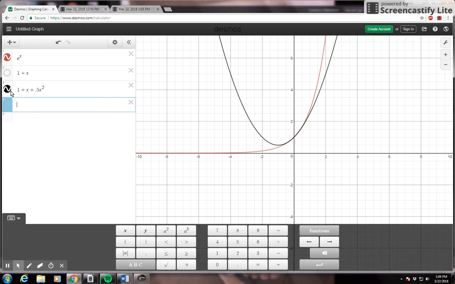Then, if I were to do the third degree, 1 plus x plus, what is the third degree? 1/6. Oh, yay. 1 divided by 6.